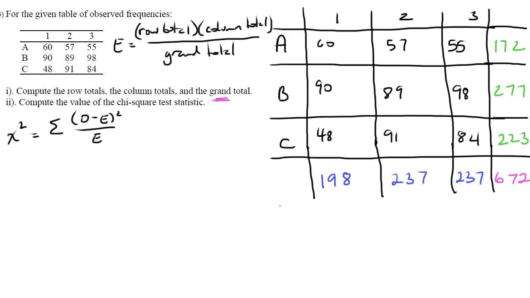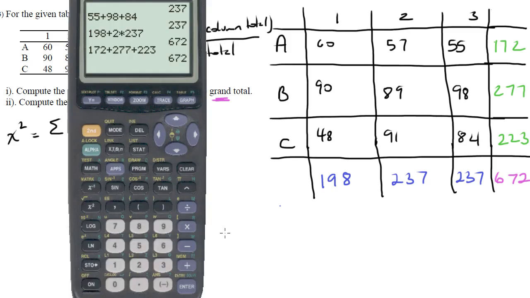Okay? Let's do it. So for this cell, for 60, the row total is 172. The column total is 198. Multiply those, divide by 672. Row total times the column total divided by the grand total. 50.678.